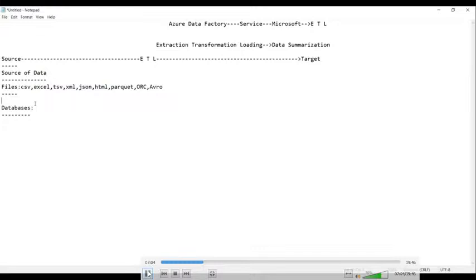That means to get a particular piece of data, suppose I want the list of employees whose salaries are less than 75,000. I want to get this list.